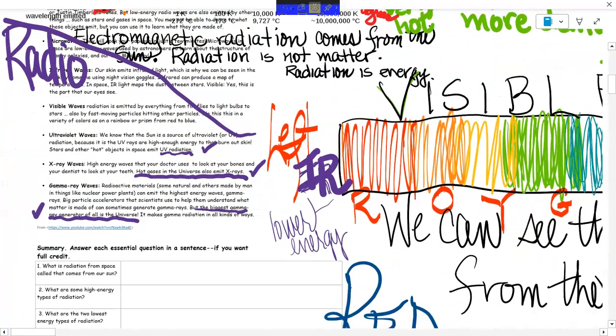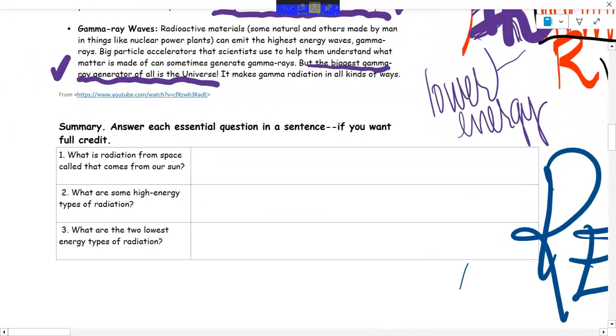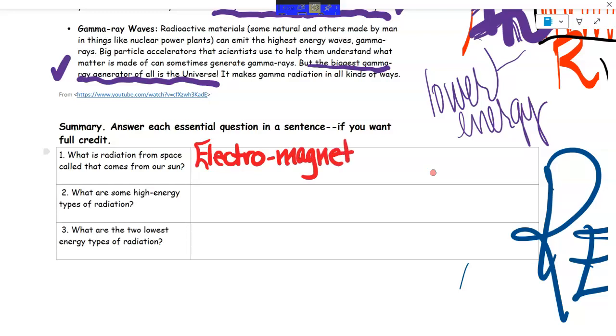So your summary was, what is radiation from space called that comes from our sun? Well, we have said we were calling this electromagnetic radiation. At the time we did this, we didn't realize what Maxwell had told us, that light must be made of electromagnetic waves, because they travel at the same speed as the speed of light that another investigator measured.